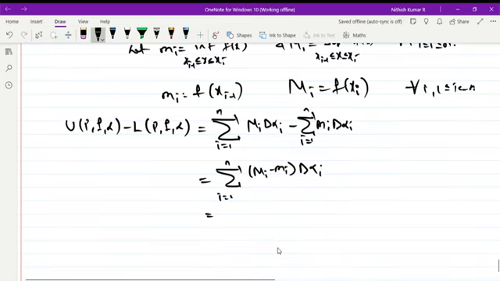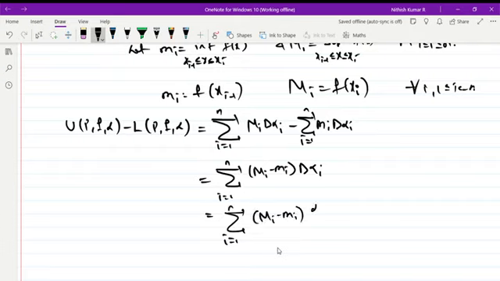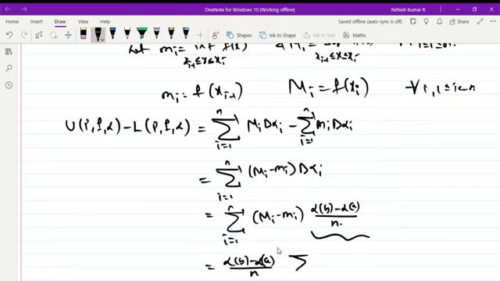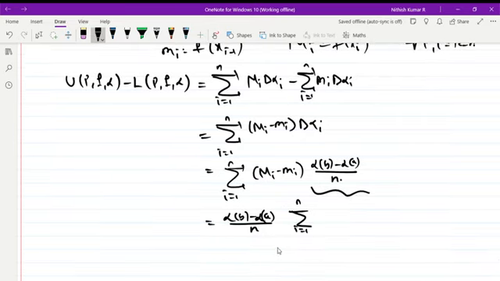Now delta alpha i is nothing but h, which is alpha of b minus alpha of a divided by n. If you observe, this quantity is independent of the summation, so it is alpha of b minus alpha of a divided by n into summation i equal to 1 to n of capital Mi minus small mi.